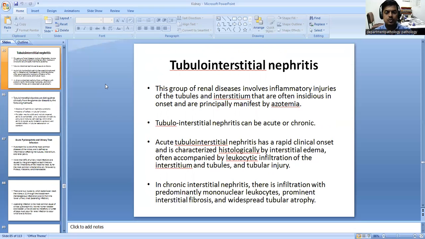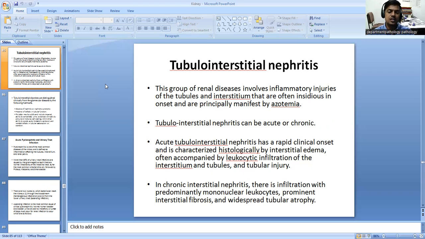Acute tubulointerstitial nephritis has a rapid clinical onset and is characterized histologically by interstitial edema, often accompanied by leukocytic infiltration of the interstitium as well as of the tubules, and tubular injury.